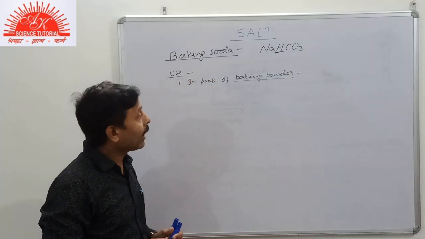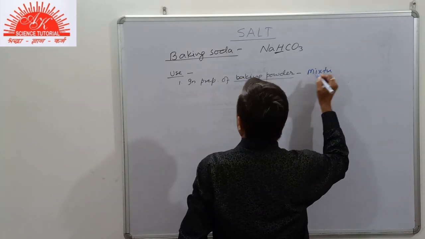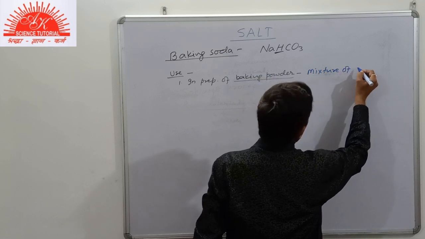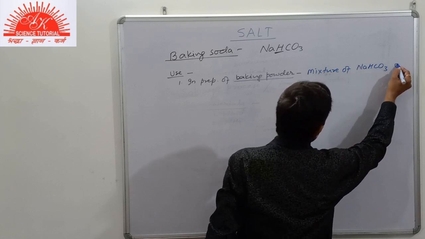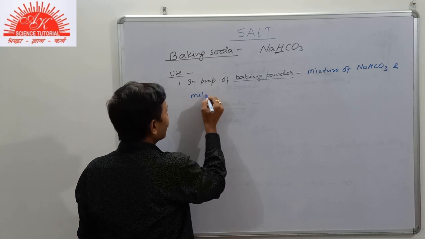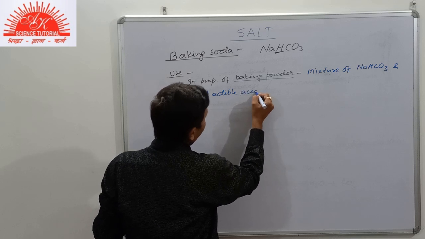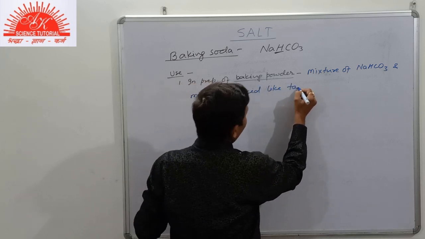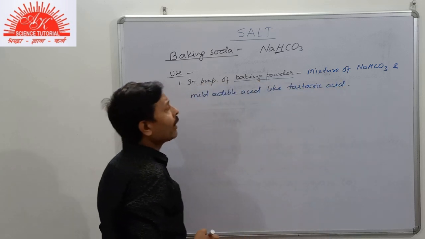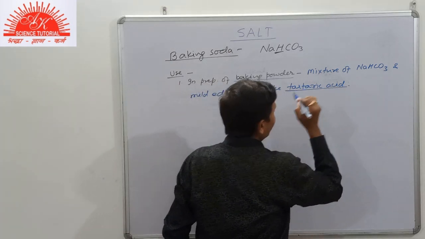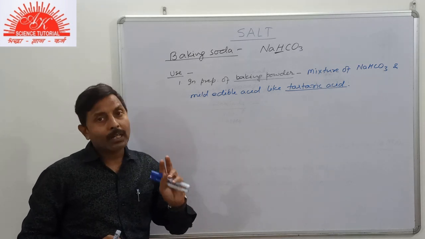But baking powder is the mixture of baking soda, that is NaHCO3, and a mild edible acid like tartaric acid. So this tartaric acid neutralizes the bitterness caused due to sodium carbonate.